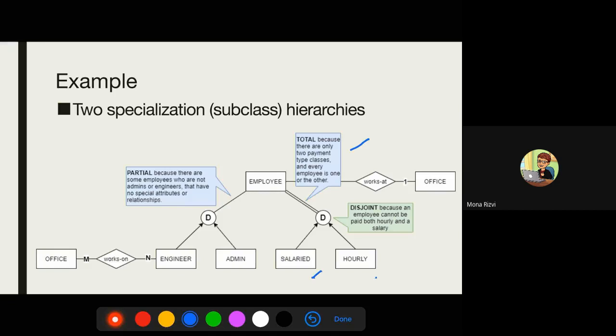On the other hand, the other hierarchy about job type, that one is only partial. So for some reason, we decided to subclass into engineers and administrators, but there may be other people working at the company who don't have any special relationships or attributes. So here we show that the engineer has a special relationship. This engineer works, oh my gosh, it's a typo. It should say they work on the project.